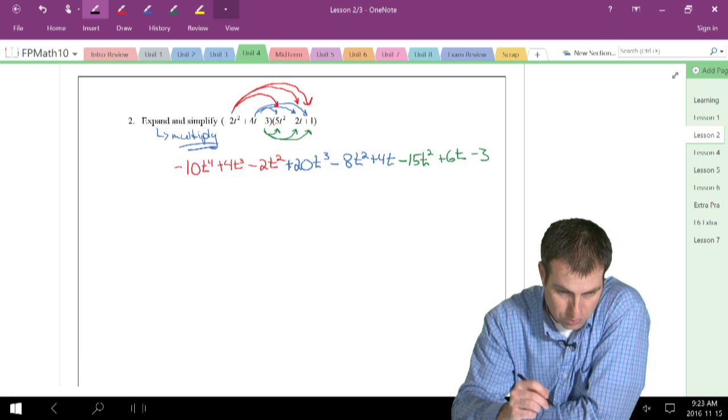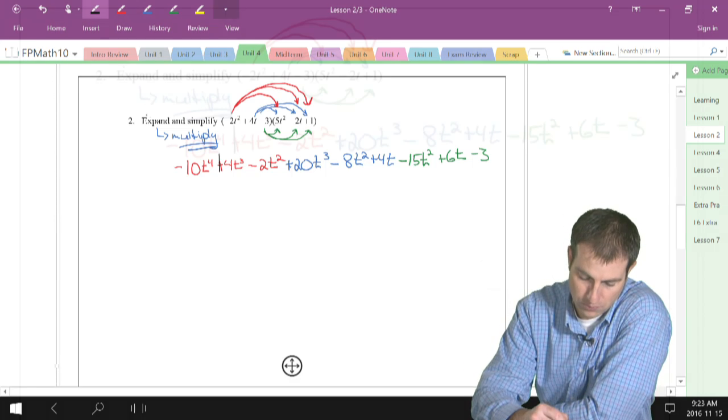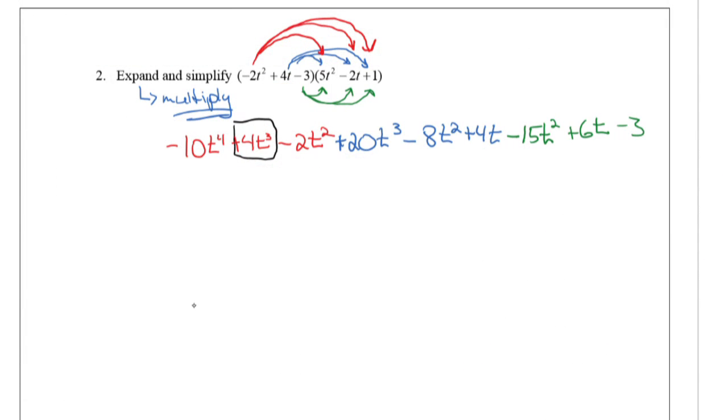Do I have some t cubes? I do. I have this positive 4t cubed. And then I have this positive 20t cubed. T squareds, I have negative 2, I have another negative 8, and a negative 15. And then t's, I have 4, and I have 6. So I'm going to combine those.